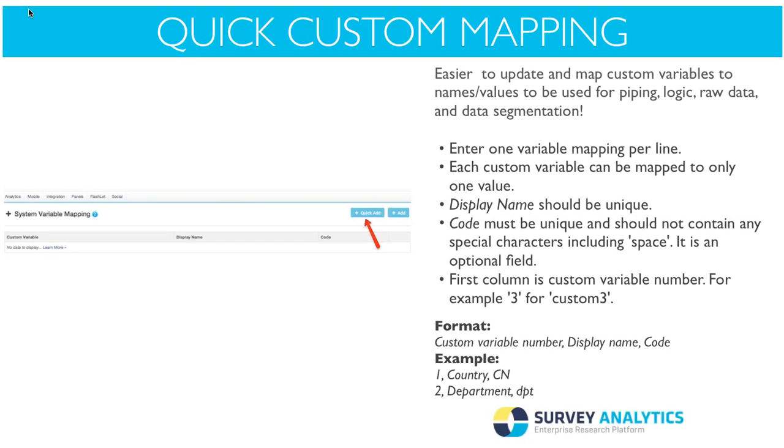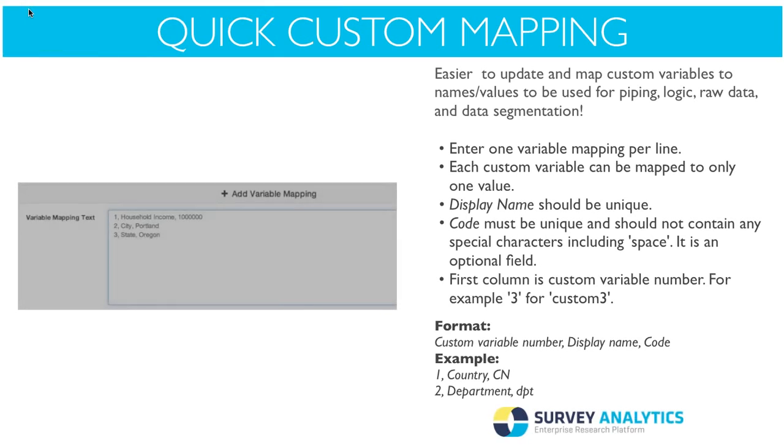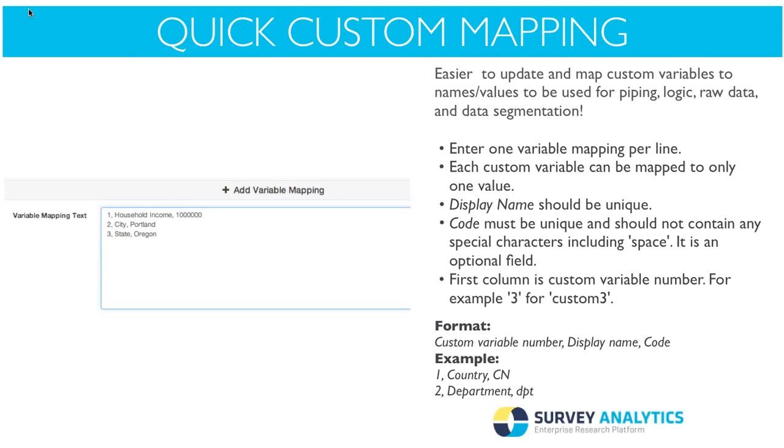So what you'll do is go to the Add Edit tab, and then click on System Variable Mapping. Then click on the Quick Add button, which you can see here, and you can enter one variable mapping per line. For example, here, if you have household income, city, and state as some of your columns that you would like to include, that's going to be in your first variable.